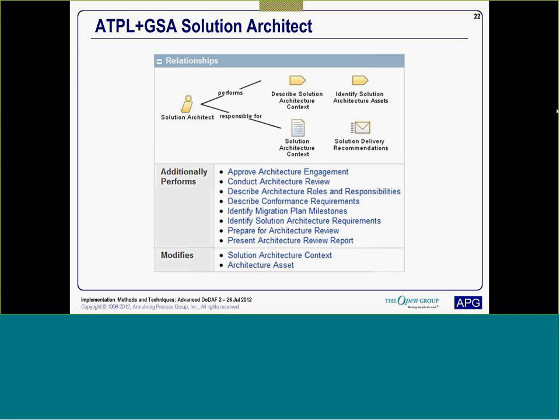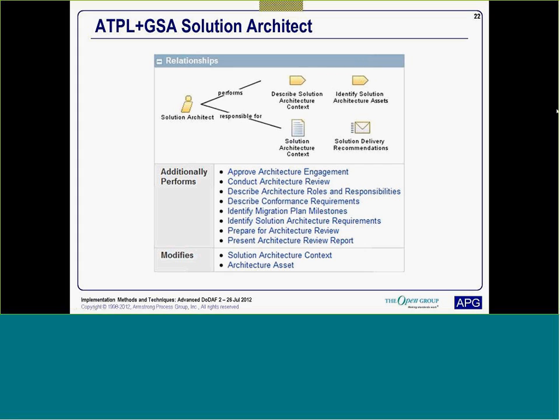So one of the things that describing this in the EPF Composer platform allows us to do is render some pretty nice viewpoints of the process. And here's a high-level definition of what, at least from an APG perspective, we think a solution architect is, which really we feel is the liaison between enterprise architecture and systems and solution delivery.